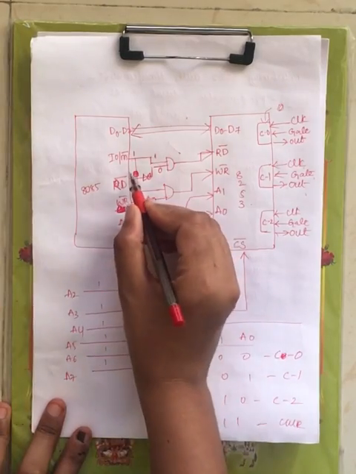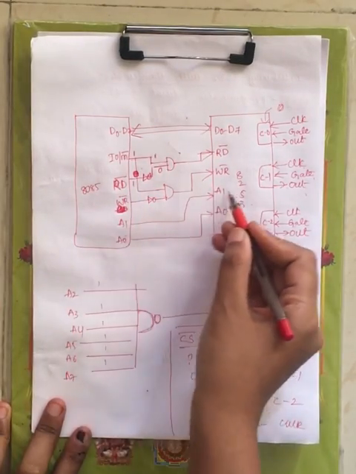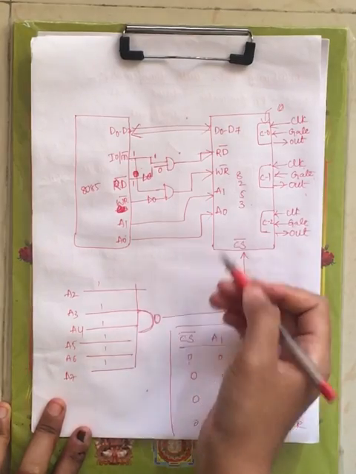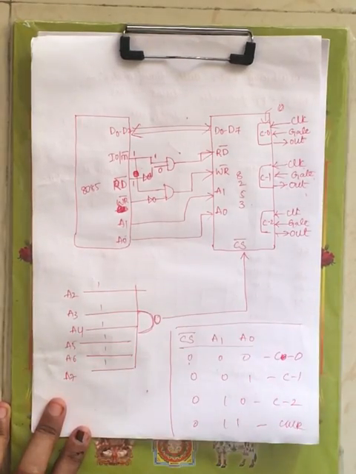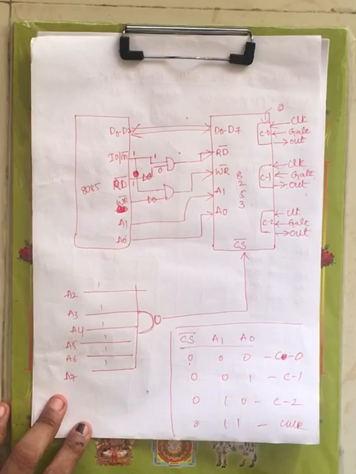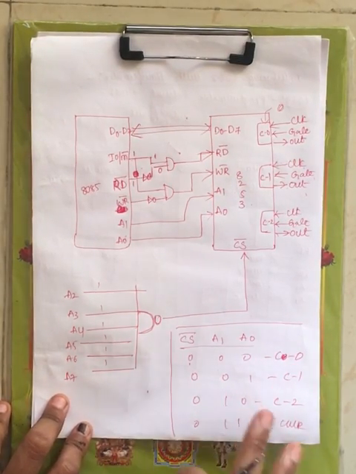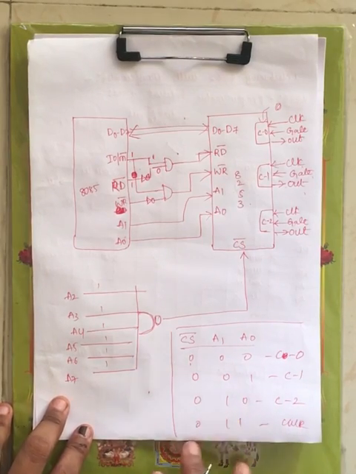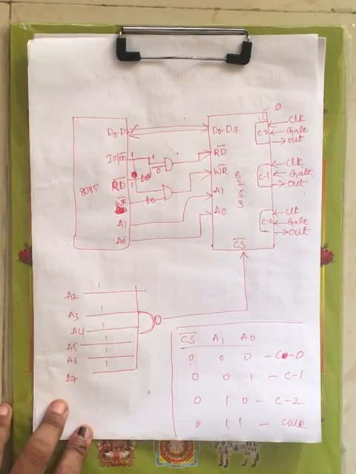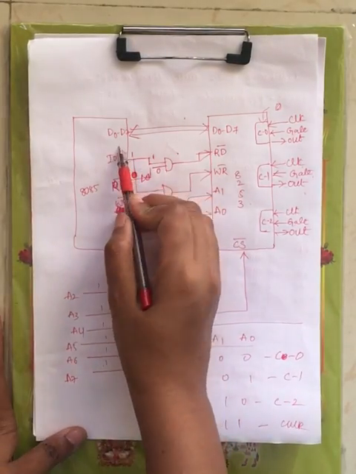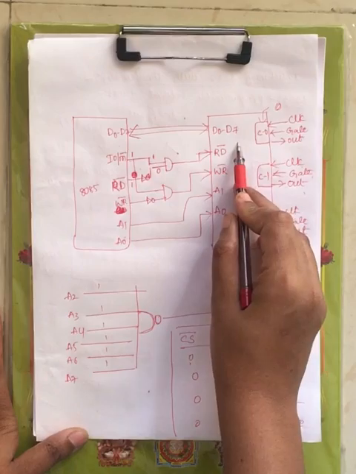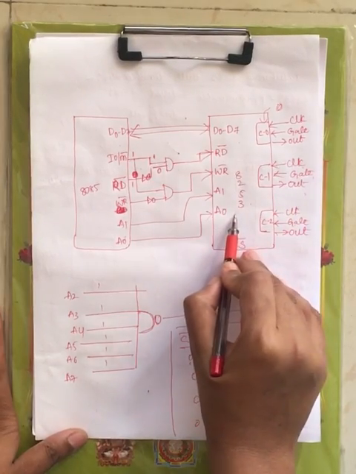You can use A0 here, with A2 connected to A1 and A3 connected to A2, and the remaining address lines used for chip selection. You can follow that, but it is not mandatory. You can use anything; the only purpose is that we have to read or write the data. D0 to D7 of 8085 is connected to D0 to D7 of 8253.